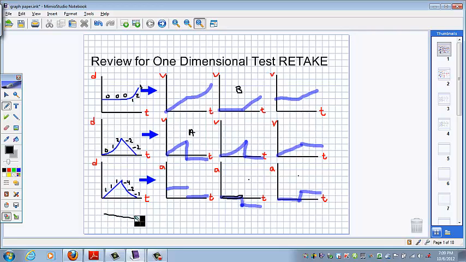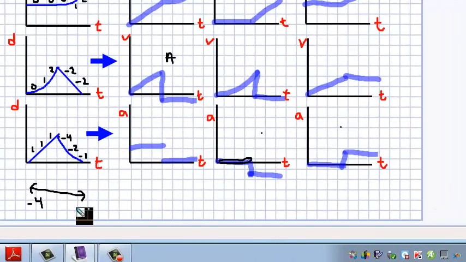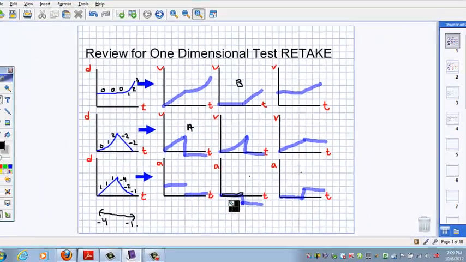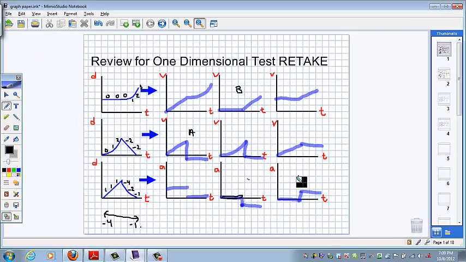If you think of a number line, positives on this side, negatives on this side, we started at -4 and we went to -1. Bigger and bigger numbers, so that means our velocities are getting bigger. That means we're accelerating. So between B and C, this one shows negative, decelerating. This one shows positive, accelerating. So the correct answer was choice C here.